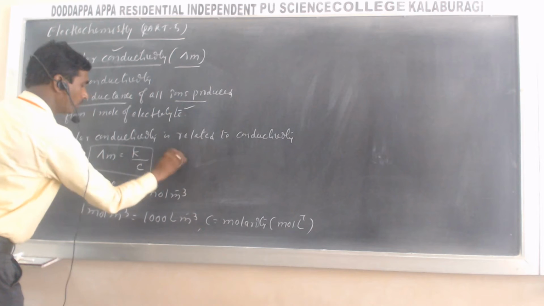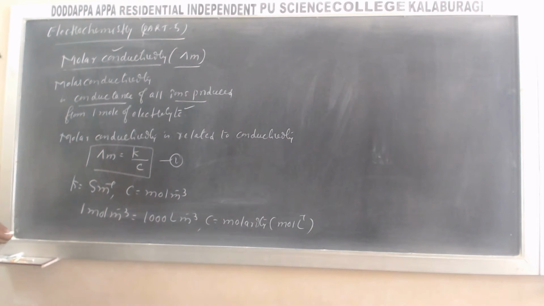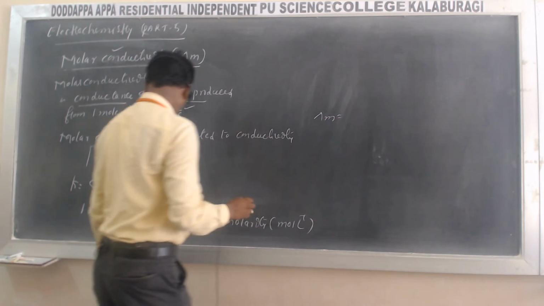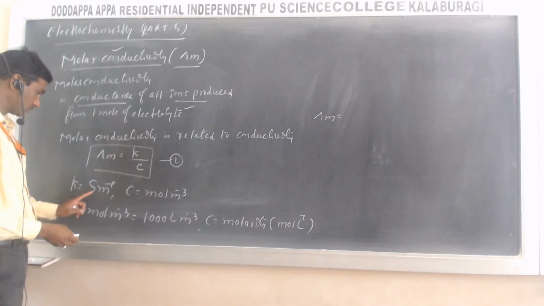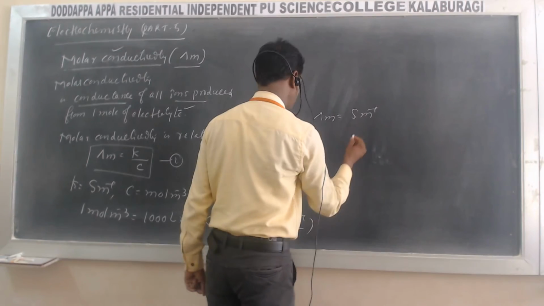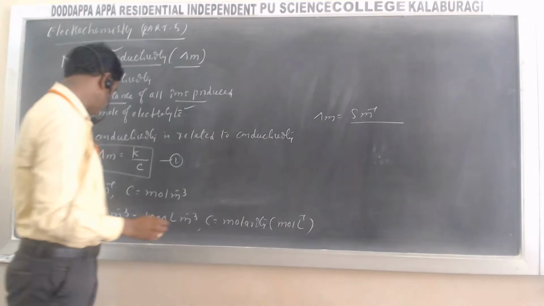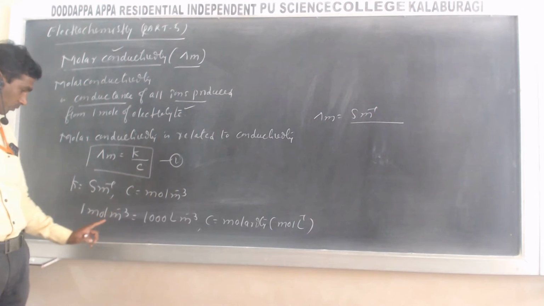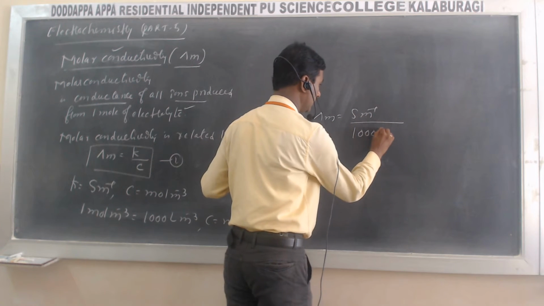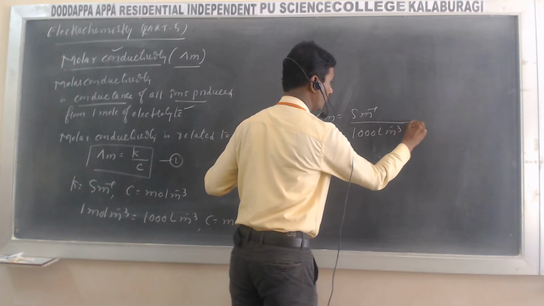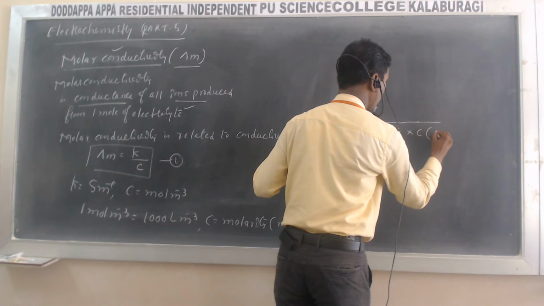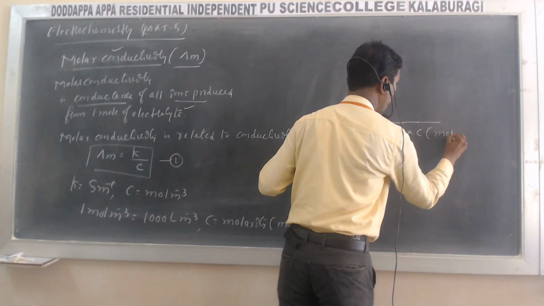Now, putting it in the equation, we can get the unit of molar conductivity. Molar conductivity is equal to conductivity, which is Siemens per meter, divided by concentration, which is mole per meter cube. 1 mole per meter cube is equal to 1000 liter per meter cube, and the concentration is mole per liter.